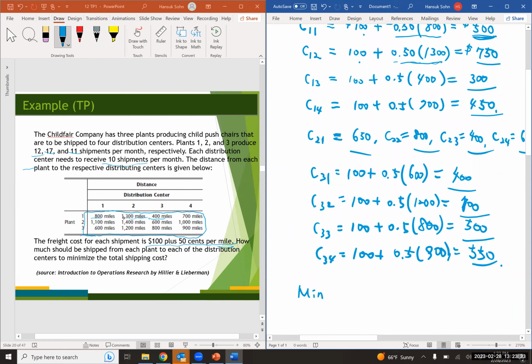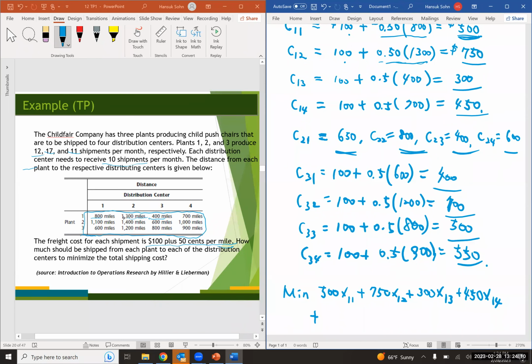So it's going to be like 500 x11, right? 750 x12, 300 x13, 450 x14, right? Plus all of this, okay.